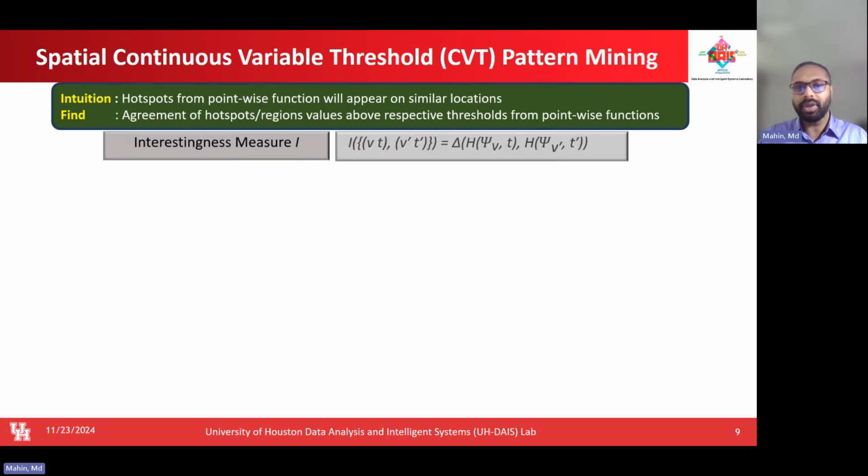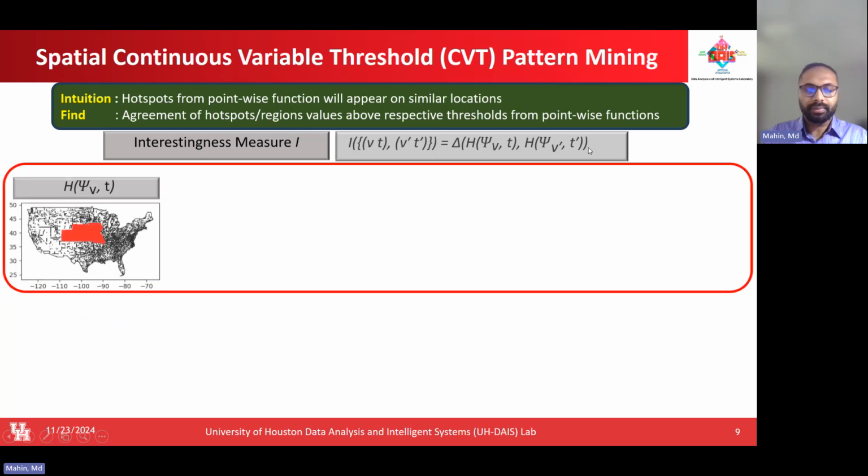What do we do? This is why we develop this interestingness measure I, which takes as input a pattern. This pattern has two variable and threshold pairs, V, T and V dot, T dot, and it measures the agreement between the hotspots. How does it measure it?